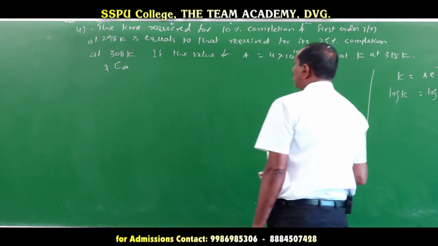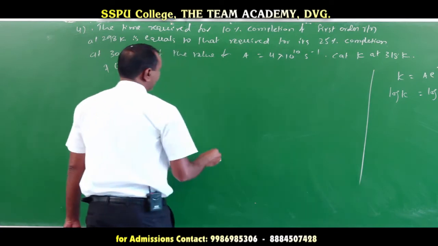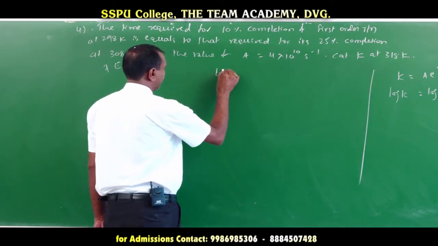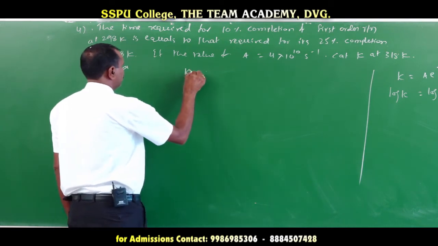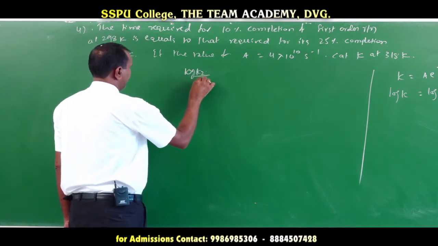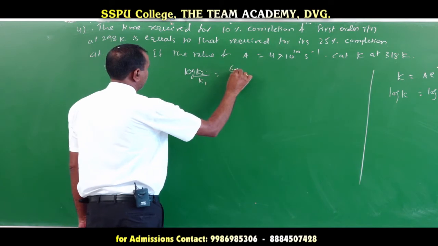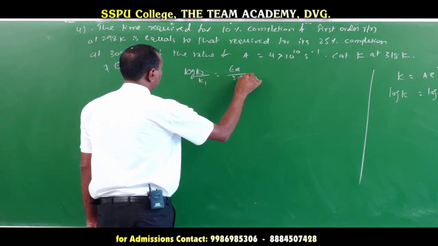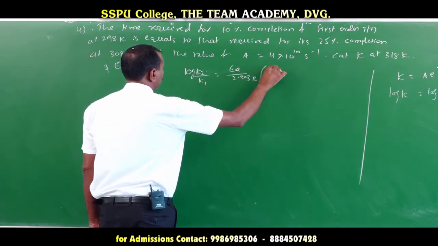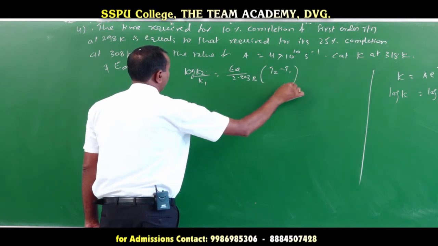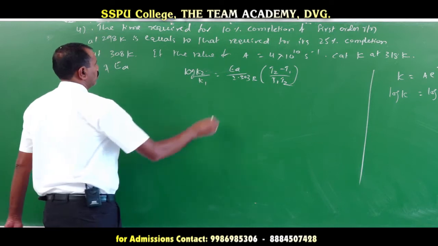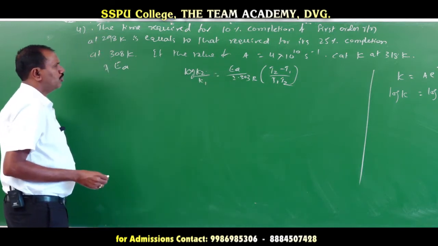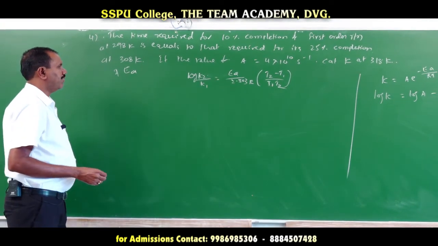So first you have to calculate EA. EA can be calculated by log of K2 by K1 equals EA by 2.303 R into T2 minus T1 divided by T1 T2. So to find out EA, we should first calculate K2 and K1.